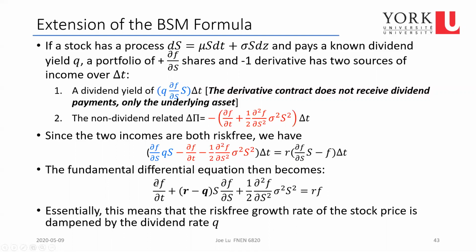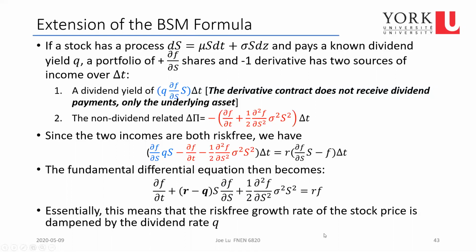It becomes dF/dt plus, instead of RS times dF/dS, you have (R minus Q) times S times dF/dS. Then this part is still the same. So essentially, the only change for the fundamental partial differential equation is replacing R with R minus Q.